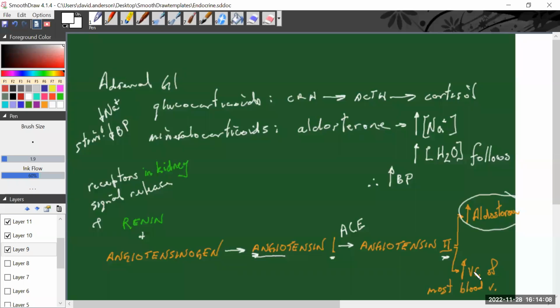Does that make sense? Sir, I had a question about the decrease of sodium. The decrease up here? Yeah, does that one stimulate decrease of blood pressure? Is that what you're writing there? So I put stimulus can be either a decrease in sodium in the blood or a decrease in blood pressure. Oh, okay. Now, here's the thing.